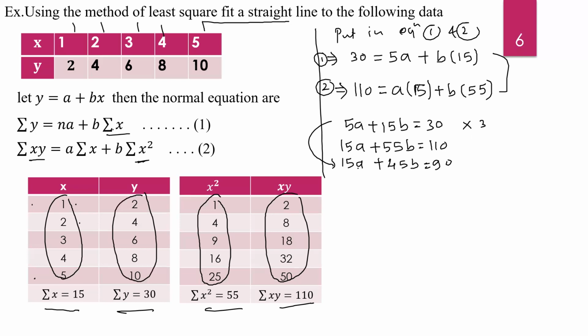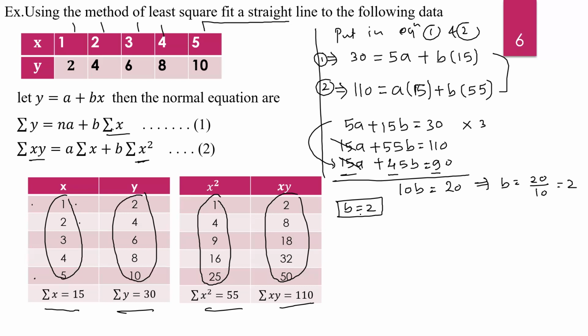Now take its subtraction. 15a cancels. Now 55 minus 45, so we get 10b is equal to 110 minus 90, that is 20. Now dividing by 10, b is equal to 20 divided by 10. So we get the value of b is equal to 2.